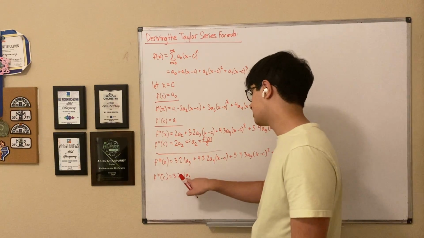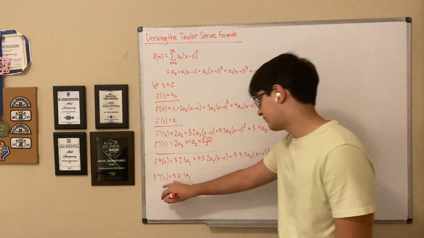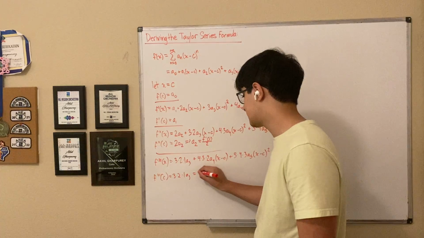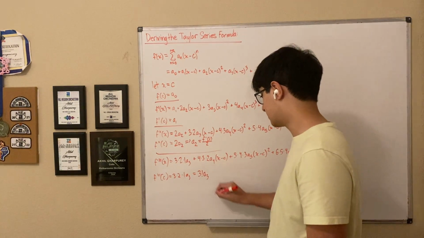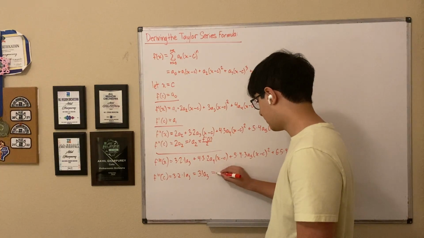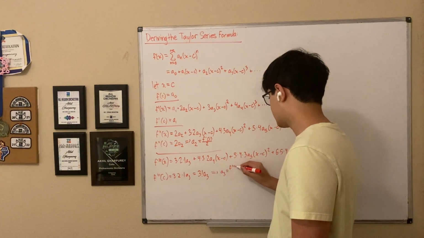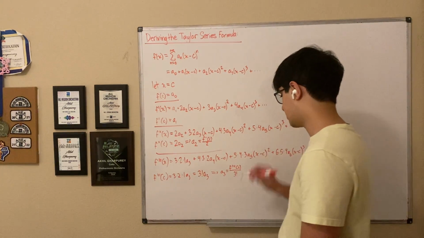So 3 times 2 times 1, this cascading descent of numbers being multiplied together all the way to 1, is the same as 3 factorial, a sub 3. Therefore, a sub 3 is equal to f triple prime at c divided by 3 factorial.